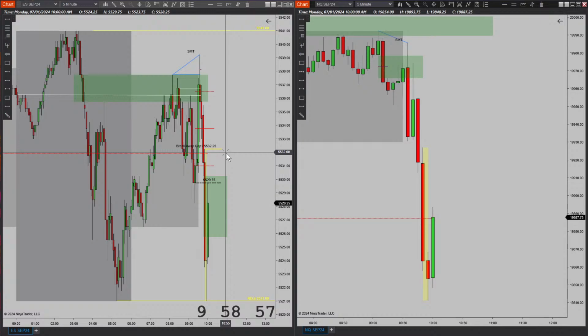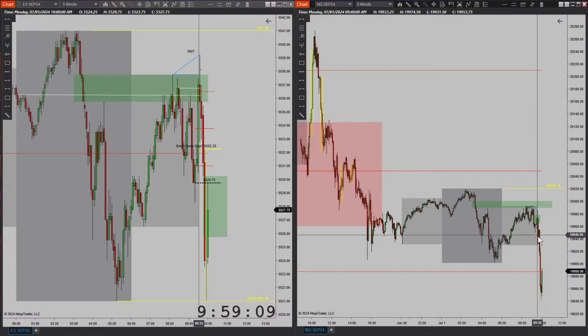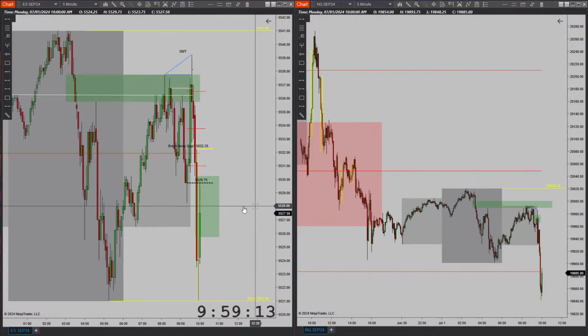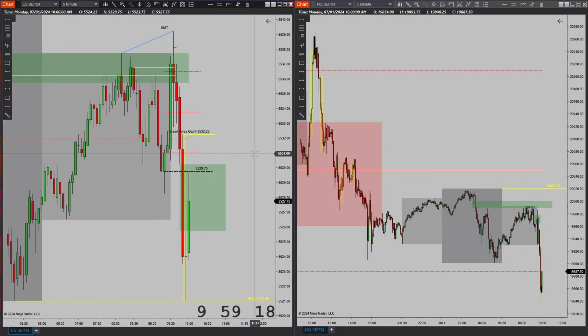I'm just more comfortable trading ES, but NQ was the better trade because it did take out the lows a lot quicker. Oh, there we go. Okay. Now I'm thinking I probably should have taken a short right here, which is fine. I'm okay with that.